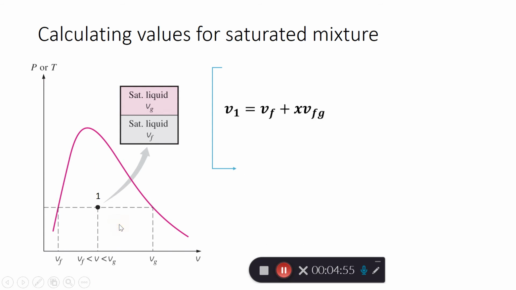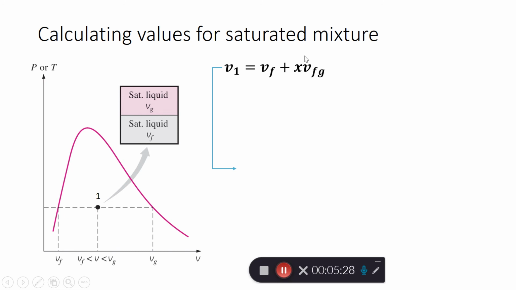First, the equation to get the specific volume of a mixture. Let's say we are referring to point 1, it's V1, referring to here. V is equal to Vf plus X Vfg. That's a lot of information. Vf is the volume of the saturated liquid state, which is in the property table, plus X, the quality, times Vfg.